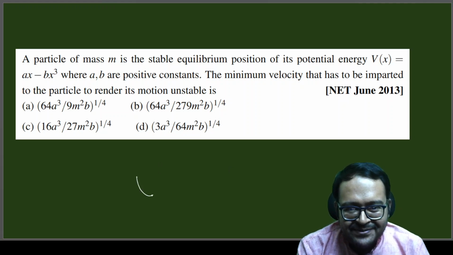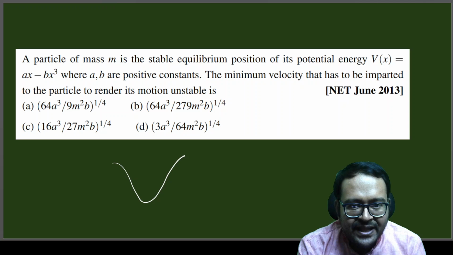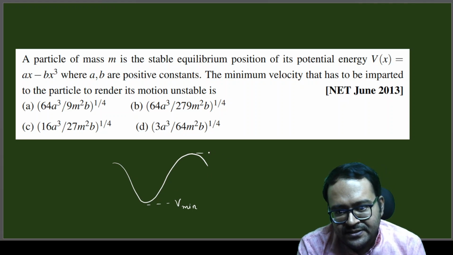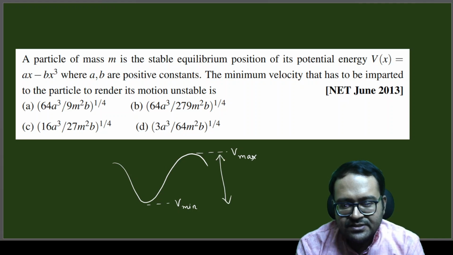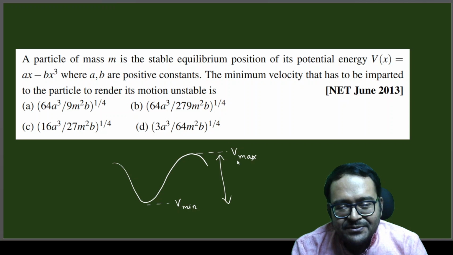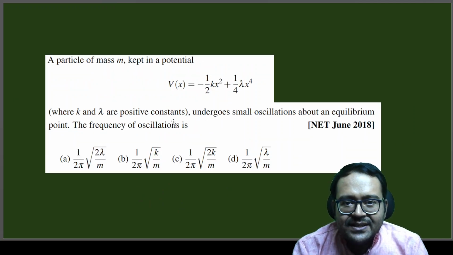Say, if you have a potential like this, here it is V min and here it is V max, so you need to give this much energy to make the particle go out of the potential. So you can find this. This is not tough.